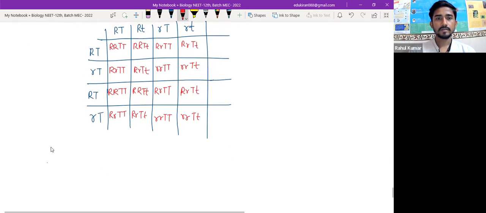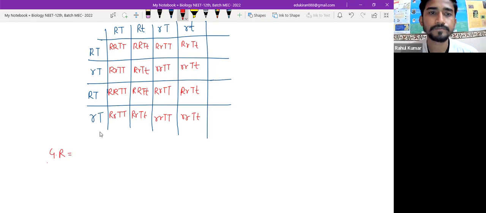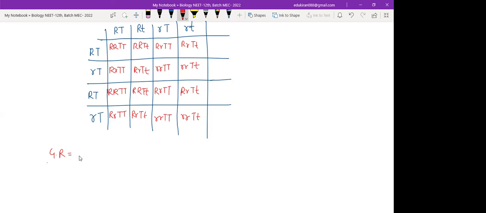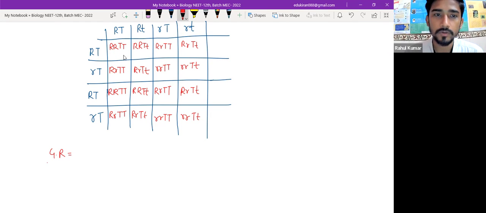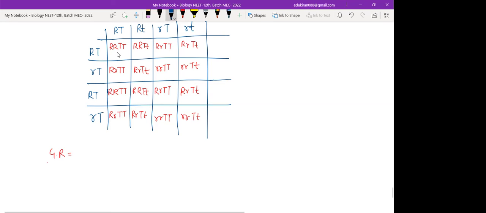Now tell me, what is the genotypic ratio? Atif. Sir, I got 2:4:4:2:4. I don't know if that's correct. You got 2:4. Which is 2? So this genotype, capital R, capital R, capital T, capital T. There are two of them.